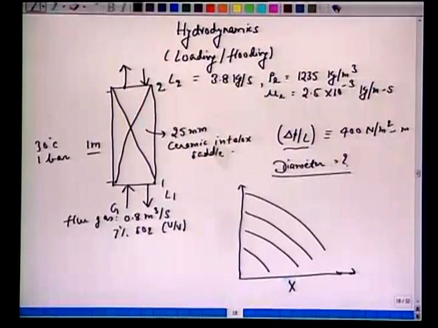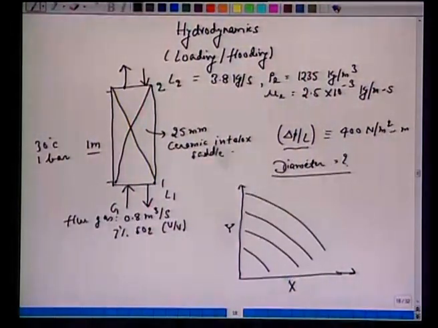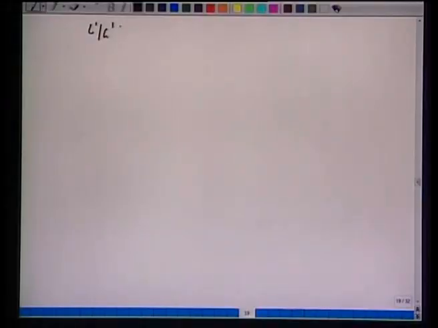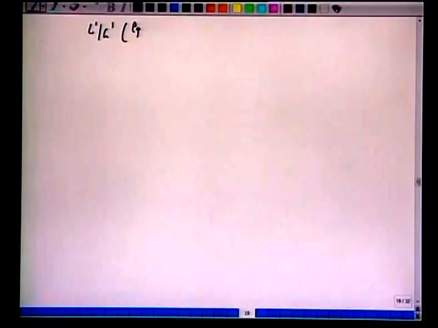On the x axis, and on the y axis. So, let us do this first. We have to determine L prime by G prime, rho G over rho L to the power 0.5. So, this is on your x coordinate.